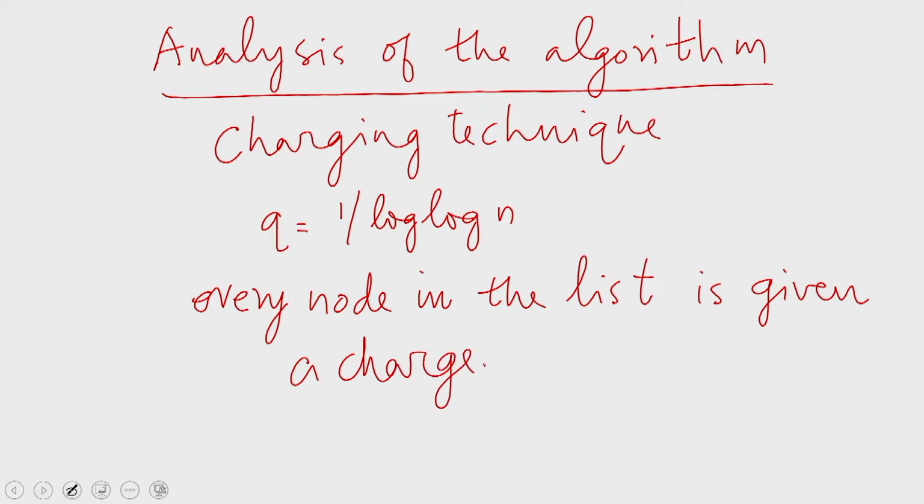The charges are distributed over the nodes merely for the purpose of analysis. These charges have nothing to do with the algorithm. This is a game that we set up so that at the end of the game we will have the analysis of the algorithm done.